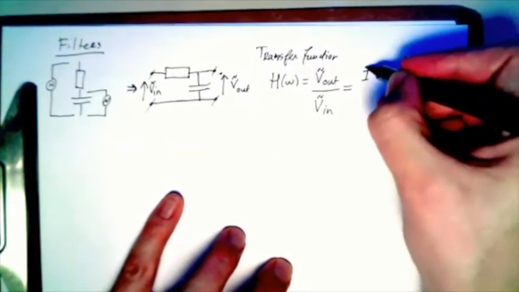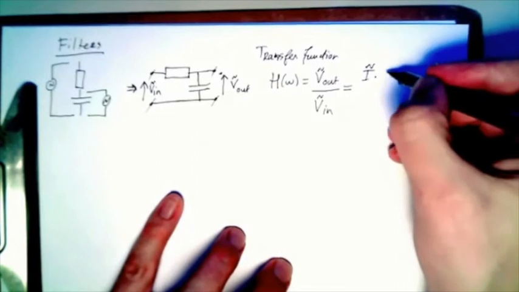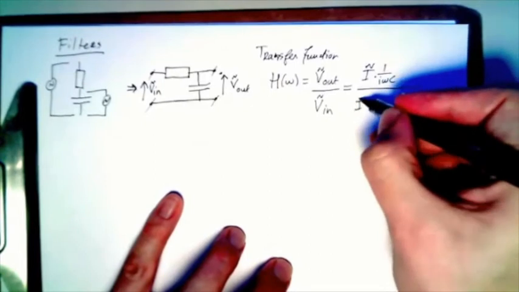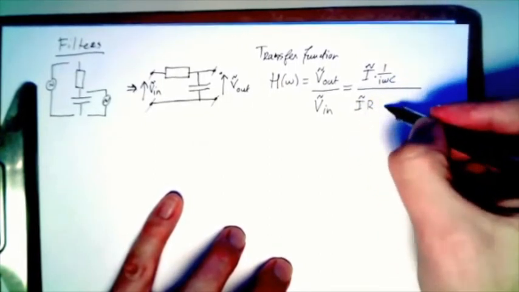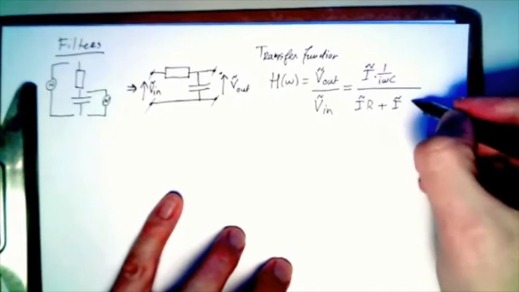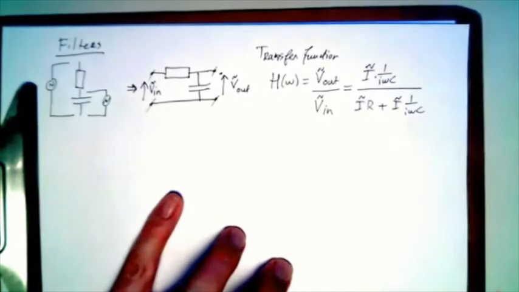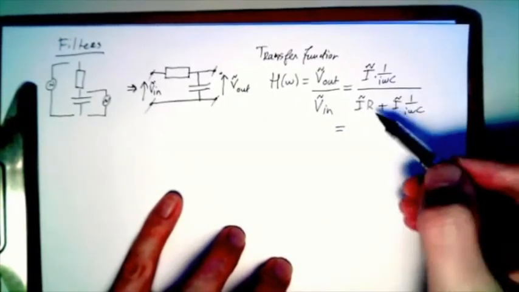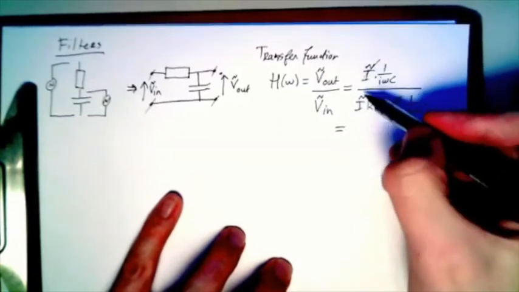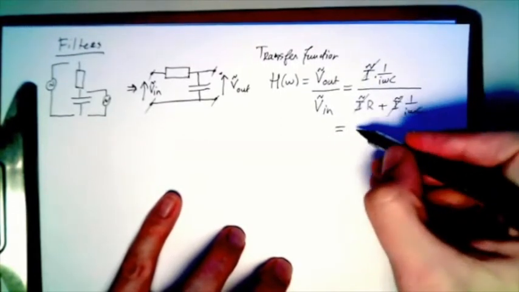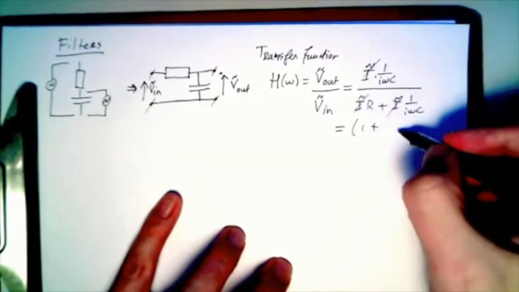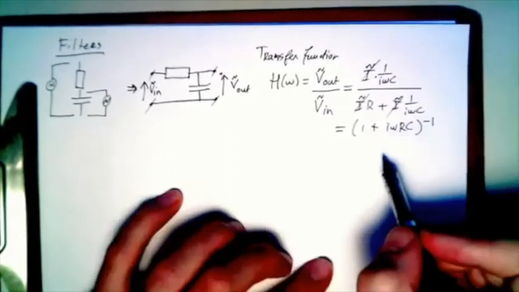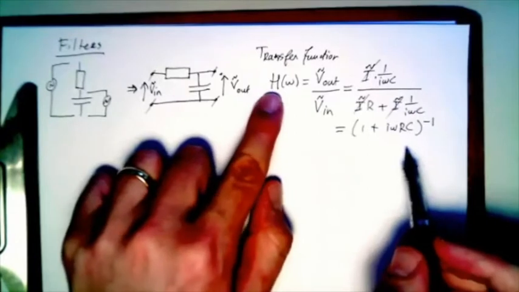So that's I times 1 over i omega C, and the input is divided over both, so R plus 1 over i omega C. Therefore, multiply everything by i omega C, divide out the I's, so done, you get 1 over 1 plus i omega RC. So this is the transfer function of this filter.